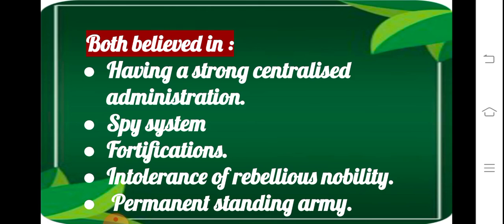Both rulers, Balban and Alauddin Khilji, believed in having a strong centralized administration, spy system, fortifications, and intolerance of rebellious nobility. Balban would also have appreciated Alauddin's decision to create a standing army.